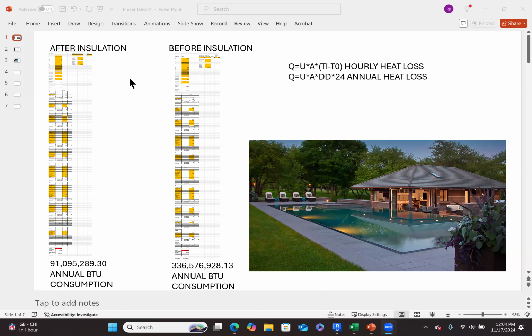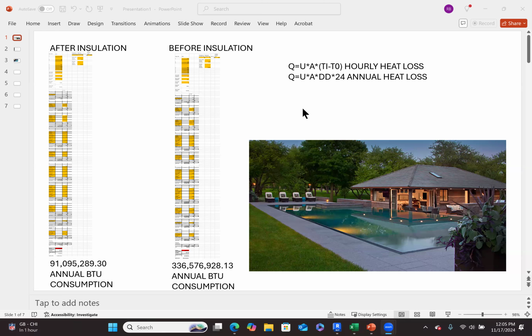So, of course, I did an analysis of the annual consumption of BTUs before the walls were insulated and after the walls were insulated. And you can see that the insulation of the walls retarded the heat loss substantially from what it was before.